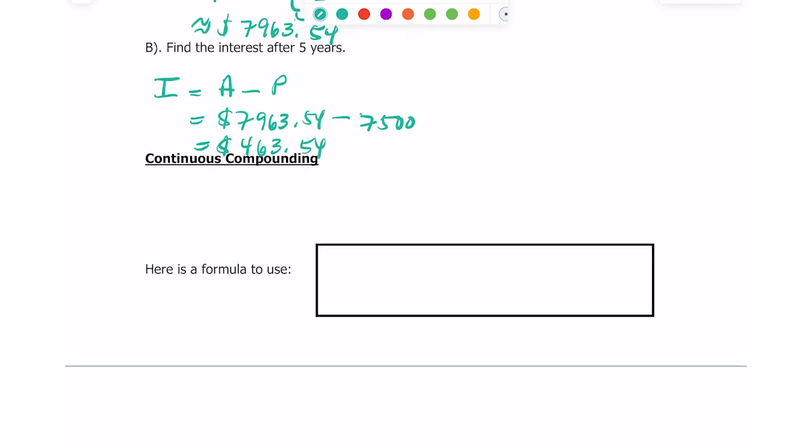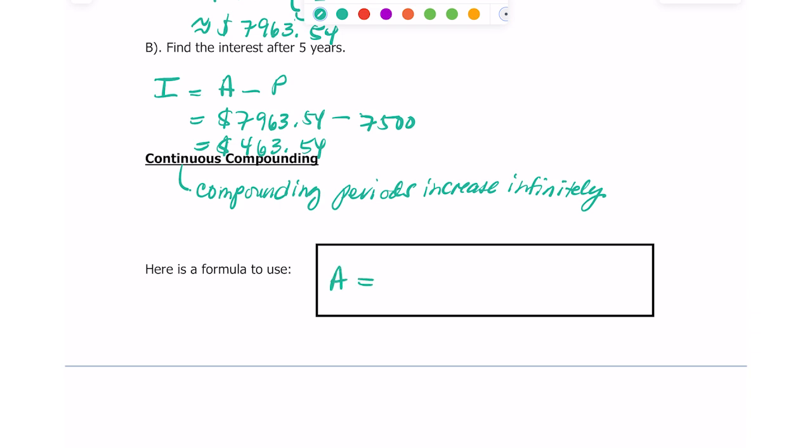Sometimes you'll have the option to compound continuously, which is where the compounding periods increase infinitely, pretty much. So instead of compounding monthly or daily, you can compound every trillionth of a second, for example. When that happens, we have to use this number. It's called Euler's number. It's the letter e.